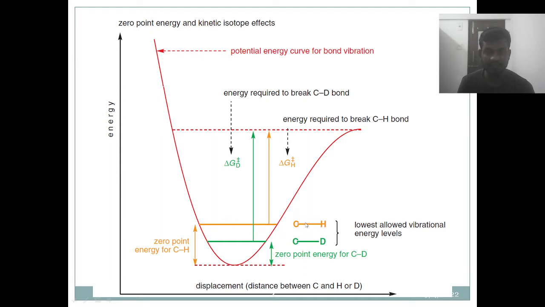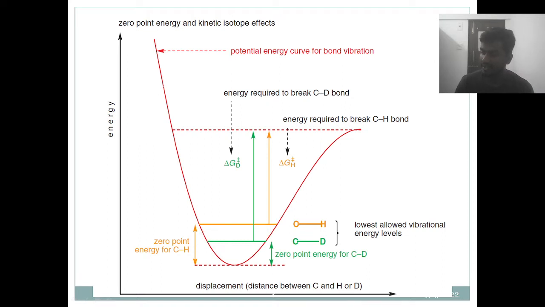This is the CH bond, and the yellow double headed arrow corresponds to the zero point energy for a CH bond. From the bottom of the well, the horizontal red dotted line to the CH level is the vibrational level, the zero point energy for CH.